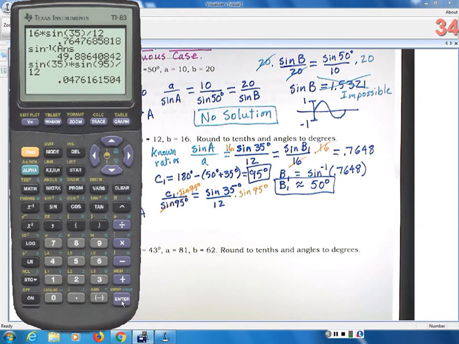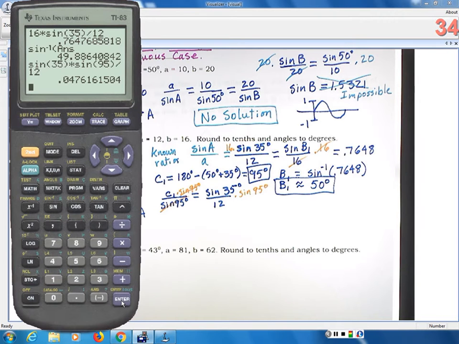Okay. Did I do that right? Isn't it 12 times sine 95 divided by sine 35? Or is that the same thing? Because I got a weird answer. Oh, let me look at mine. Yes, you're supposed to get 20.8.